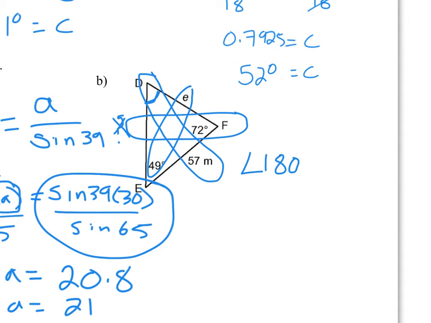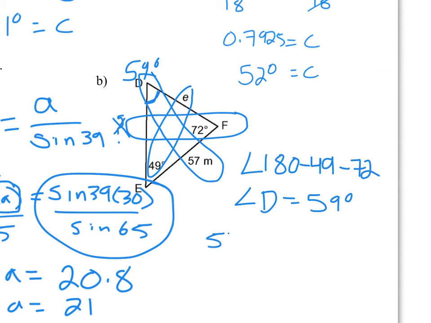So 180 minus 49 minus 72 will give me that angle D that I need in order to move forward with sine law. Turns out that it's 59 degrees. Now that I know that this is 59 degrees, I can set up my side length over my angle.